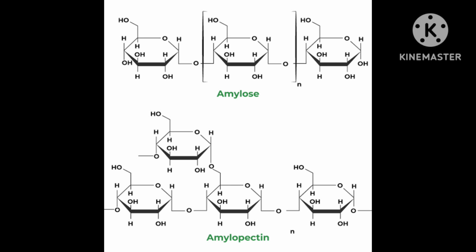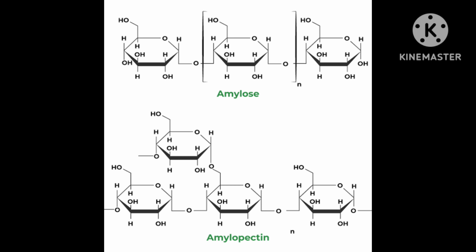In that way, the fourth carbon of the third unit is engaged, now the first is free, then this first will join with the fourth unit's carbon 4. Then again the first carbon of the fourth unit will remain. In that way it will join with the 5th, 6th, 7th, like that. Then you will get a long chain of glucose.